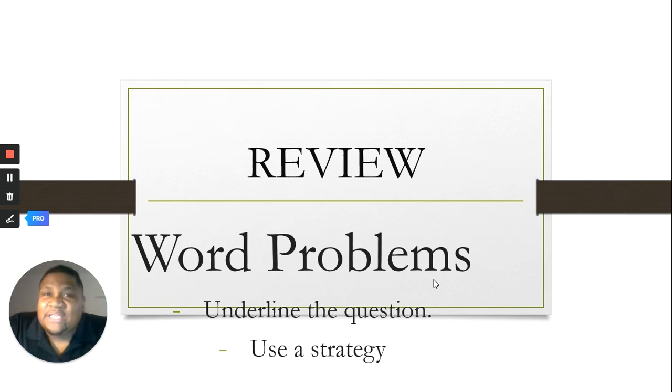How are we using our knowledge of knowing that numbers consist of hundreds, tens, and ones if we're talking about a three-digit number? Or how can we know that numbers consist of tens and ones? How can we use that knowledge to help us solve a word problem?